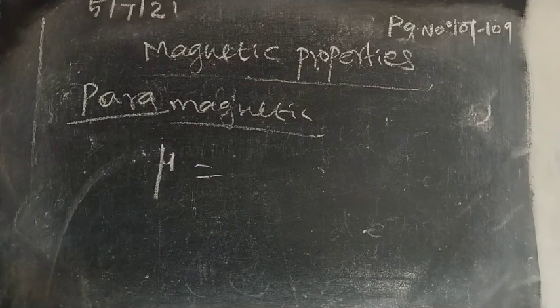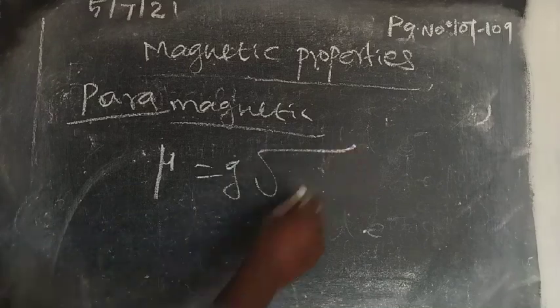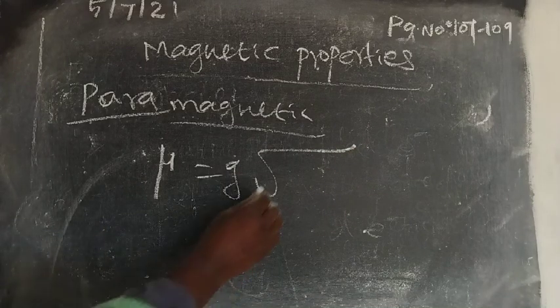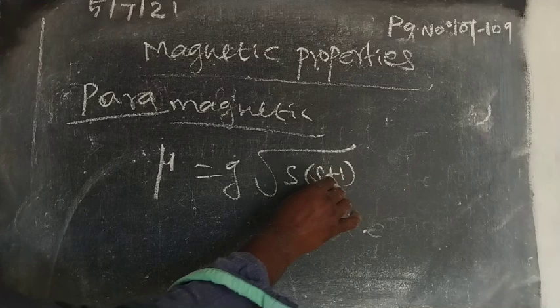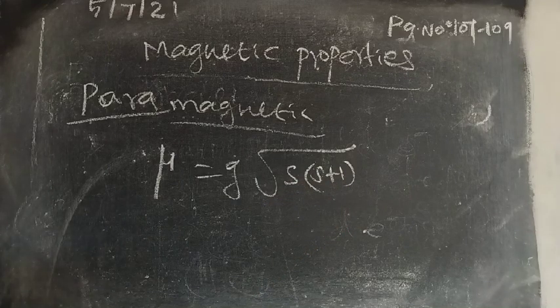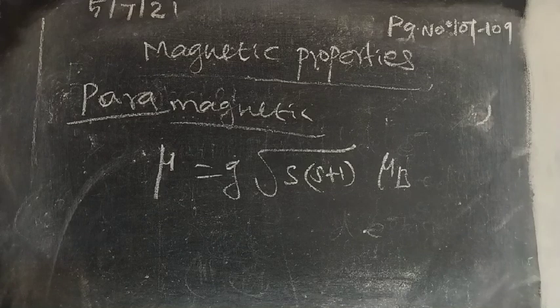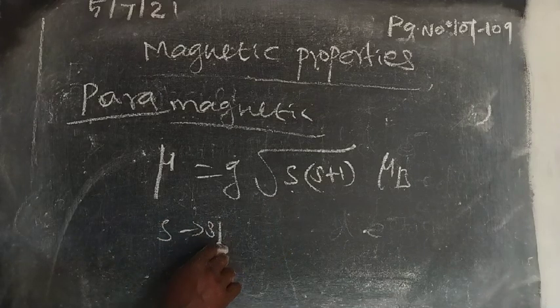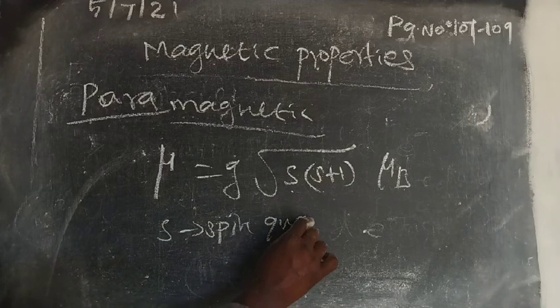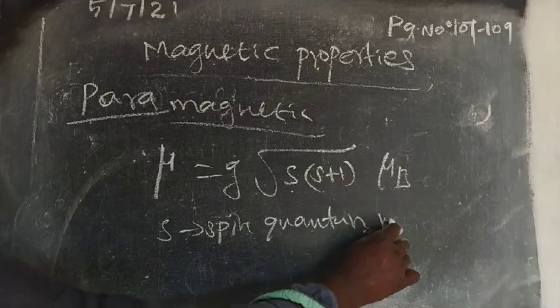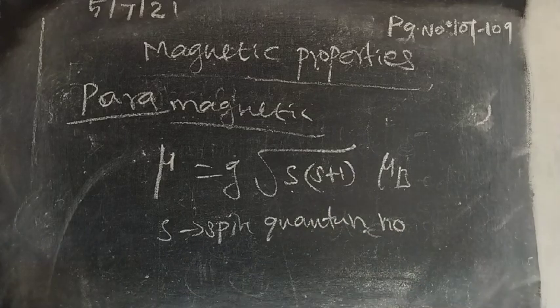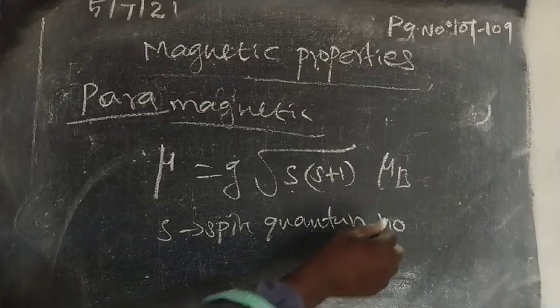mu is equal to g root of S(S plus 1) mu B, where mu B is the Bohr magneton and S is the spin quantum number.